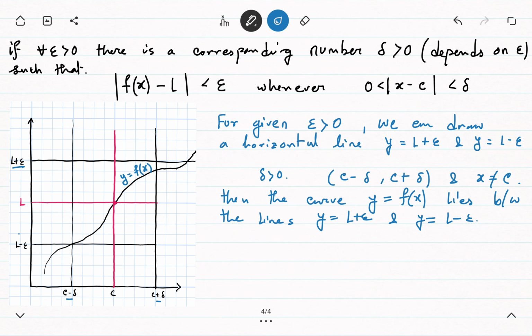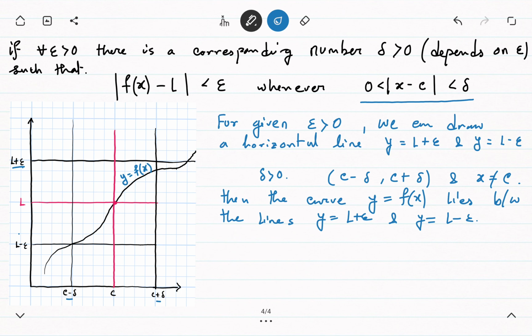Again I am repeating that for a positive epsilon there is some corresponding number I am taking, that is a delta, and this delta depends on epsilon. And in such a way, if we evaluate our function and measure how things are getting closer and closer towards L, this condition has to be satisfied.